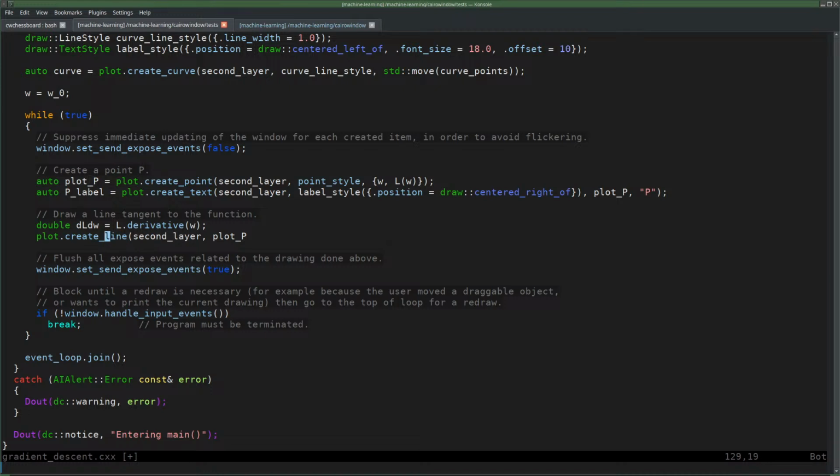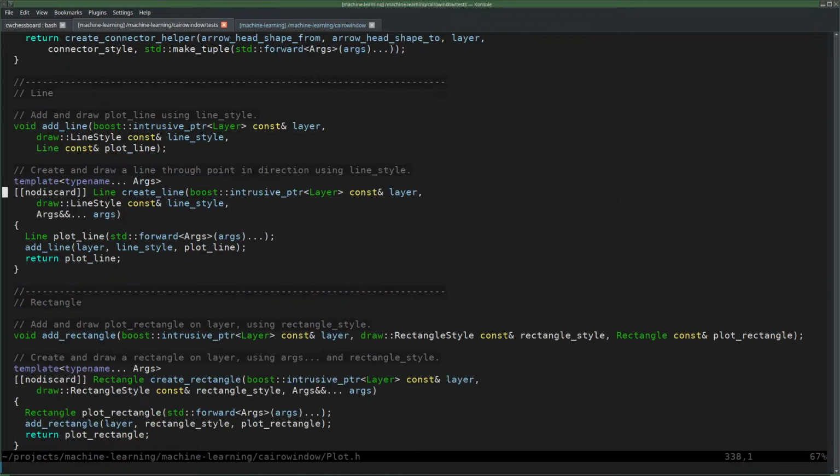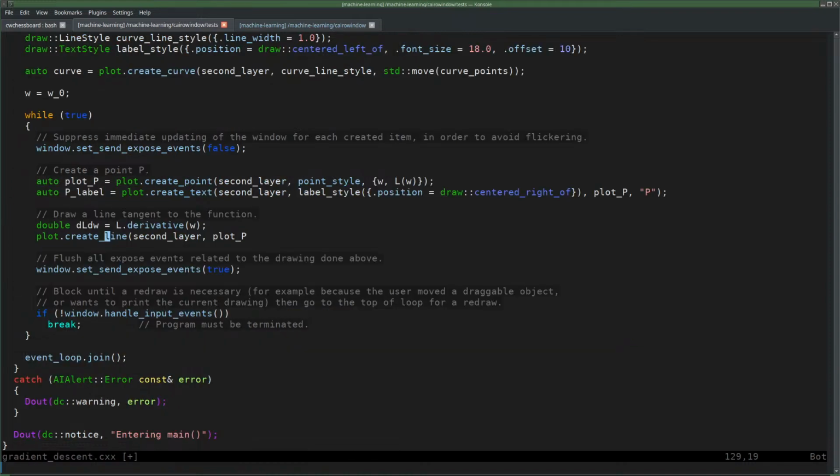So the create line takes a layer, and then the line style. And then a point, and then the direction.